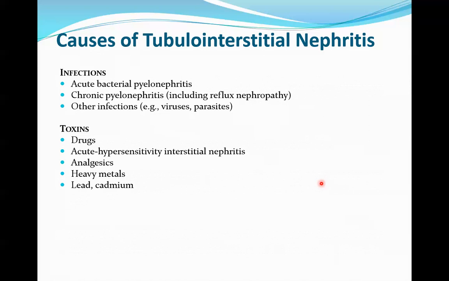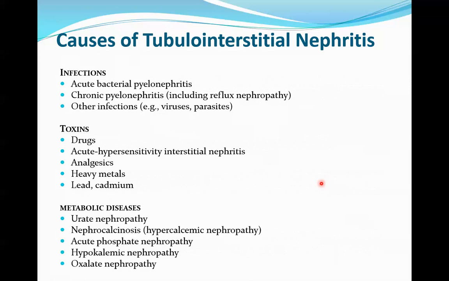Toxins like drugs, acute hypersensitivity, interstitial nephritis, analgesics, heavy metals, lead and cadmium. Metabolic diseases like urate nephropathy, nephrocalcinosis or hypercalcemic nephropathy. When the blood calcium level becomes so high, it accumulates in the kidney.